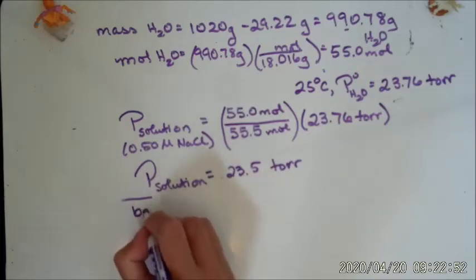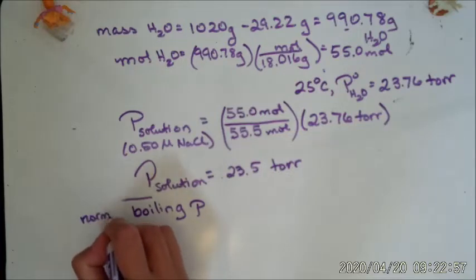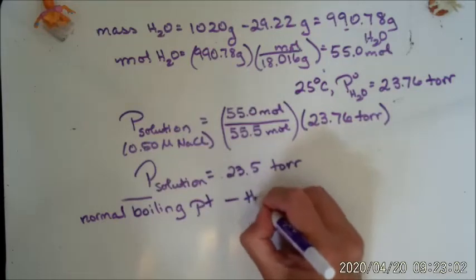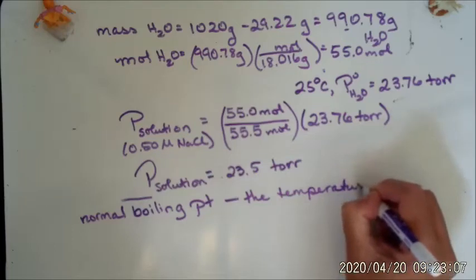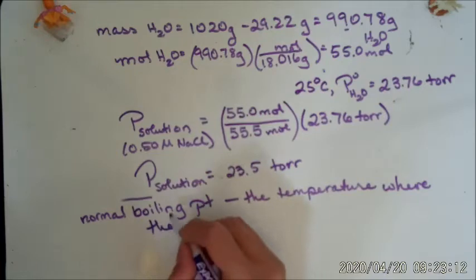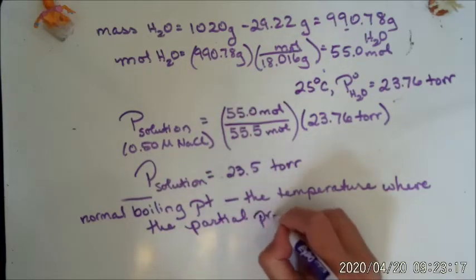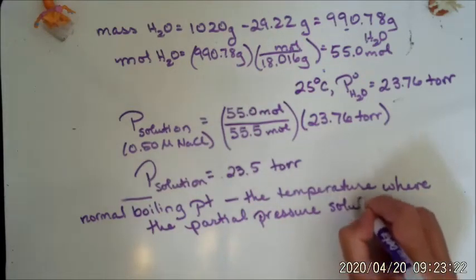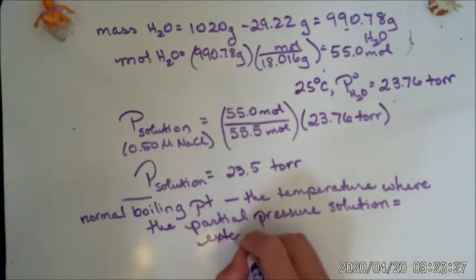Remember, the boiling point, the normal boiling point, is the temperature where the partial pressure of my solution or solvent, but in this case my solution, is equal to the external pressure.